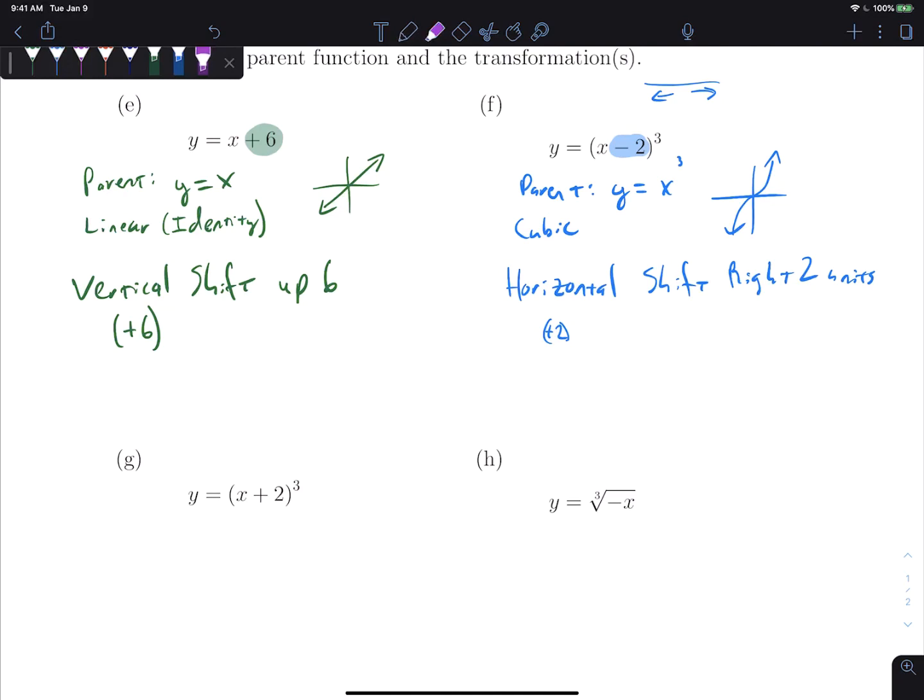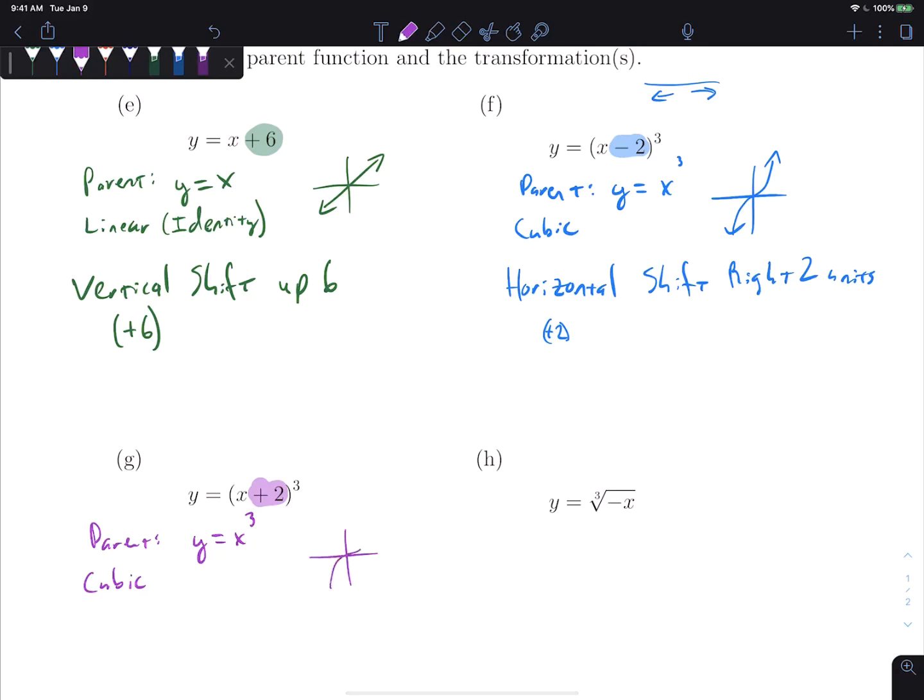Good deal. Let's look at letter G now. Y equals x plus 2 all cubed. The only transformation I see here is this plus 2. Notice it's very similar to what we have up here. So the parent here is going to be y equals x cubed. And again, this is the cubic function.